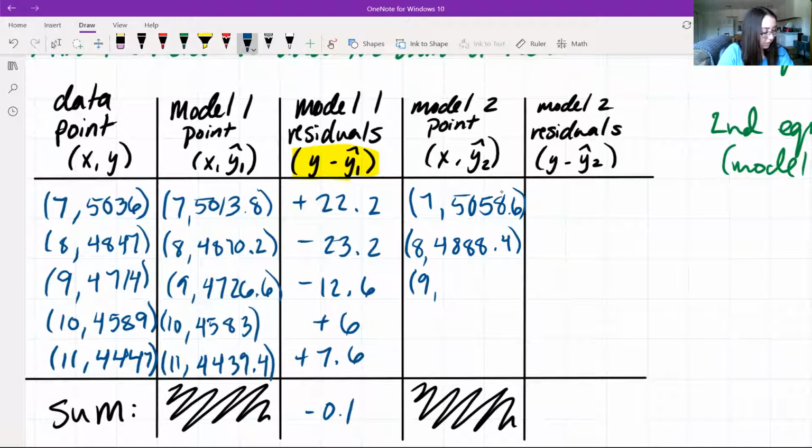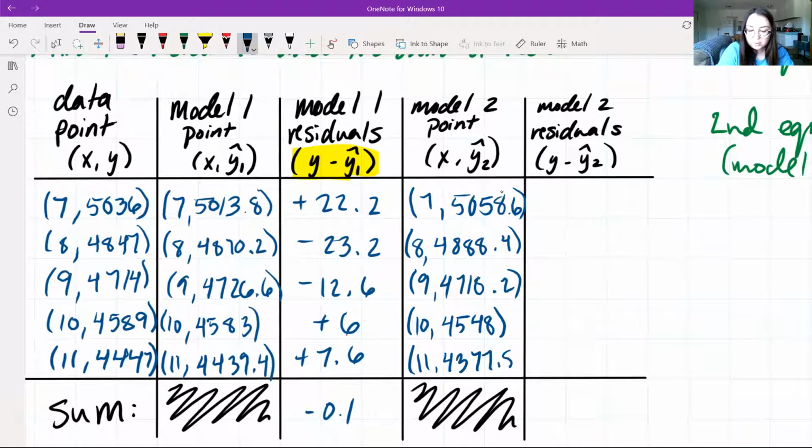Our third, which corresponds to 2009, we would have gotten 4,718.2. For our year 2010, we will have 10 and 4,548. For year 2011, we're going to have 11 and 4,377.8.